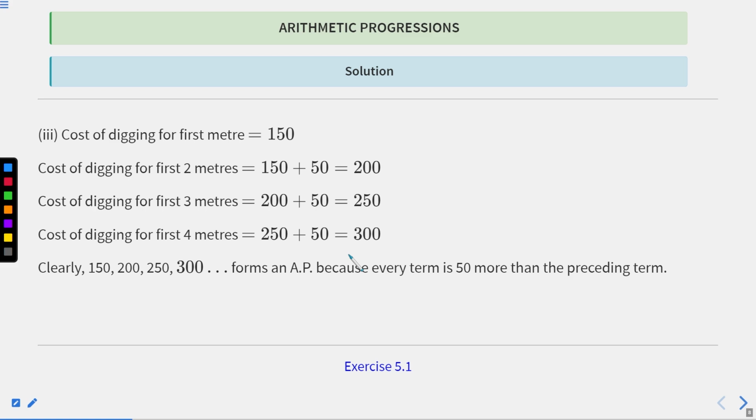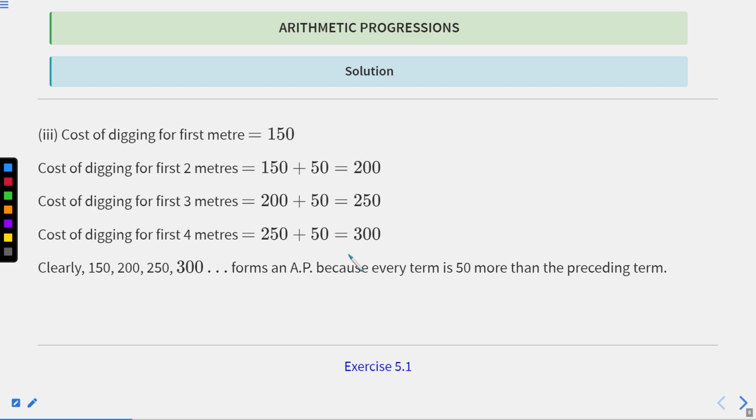So clearly 150, 200, 250, 300 and so on forms an arithmetic progression, because every term is 50 more than the preceding term. That means the successive terms are obtained by adding 50 to each preceding term, except the first term.